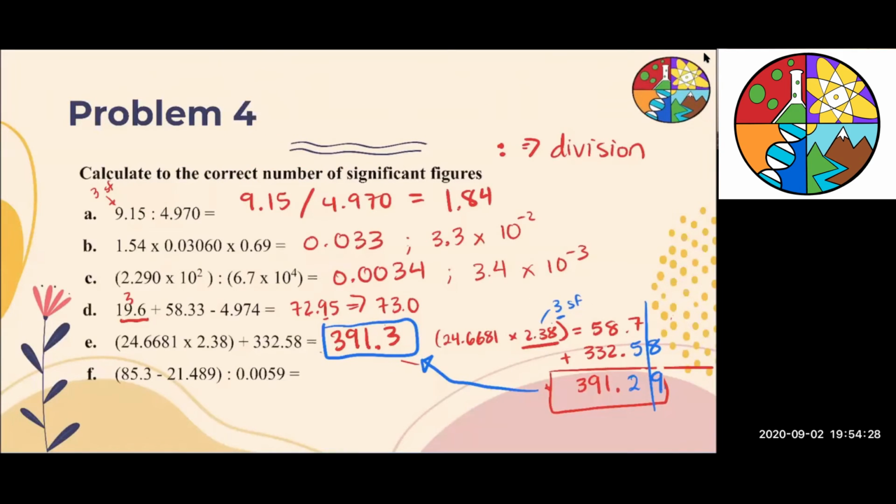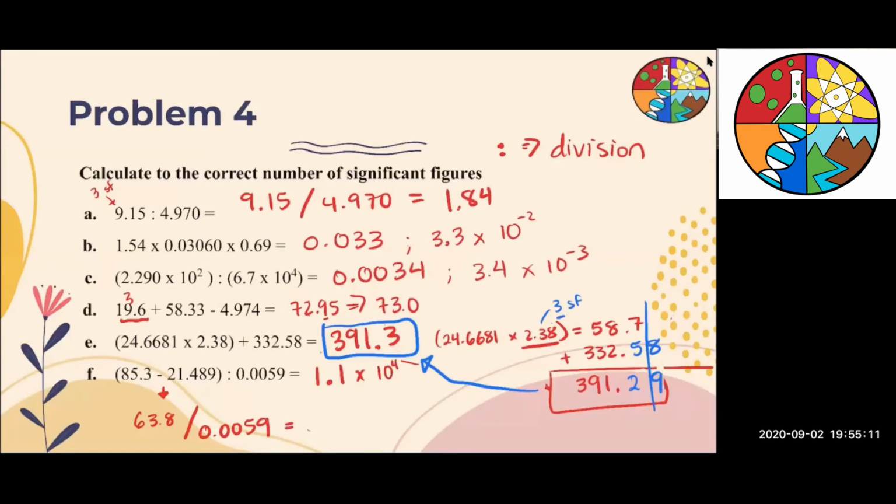So can someone give me their answer for F? I think I'm wrong, but I'm going to give it a shot. I got 1.1 times 10 to the fourth power. No, that's right. I got the same answer. Oh, okay. Yeah. So you do the subtraction first, and the answer you get is 63.8, and you divide it by 0.0059.